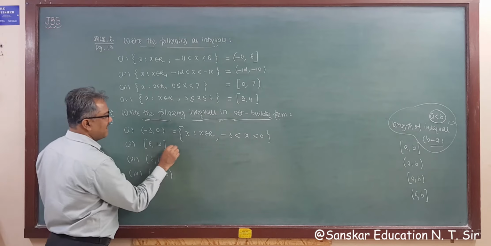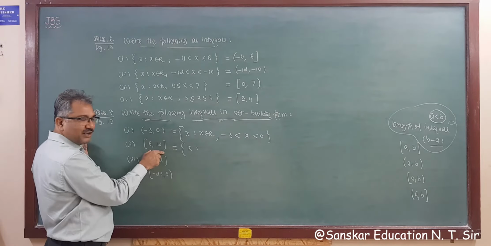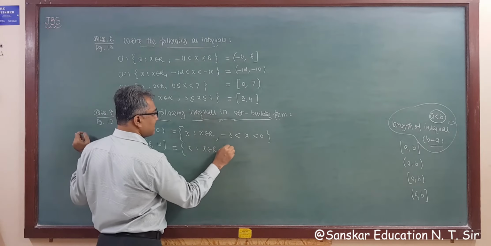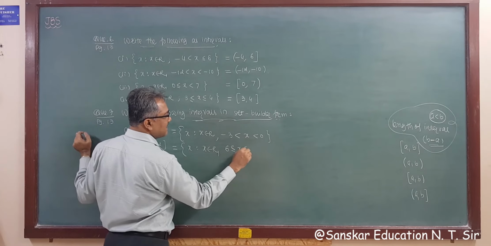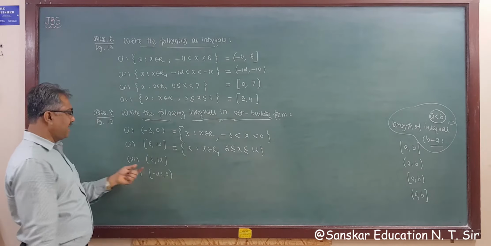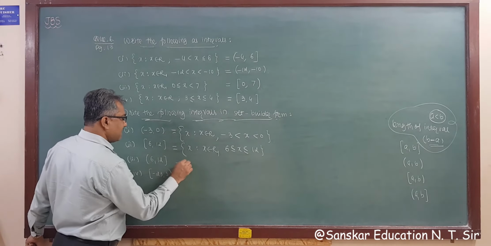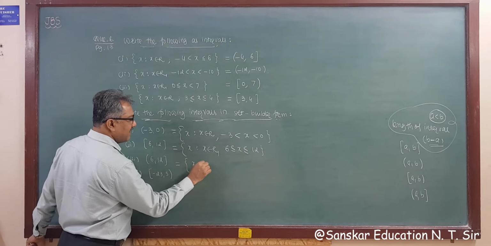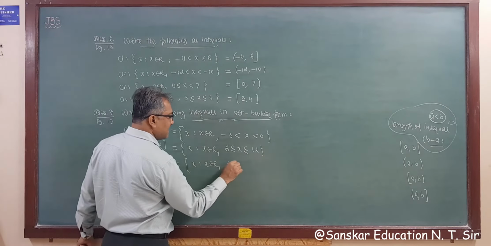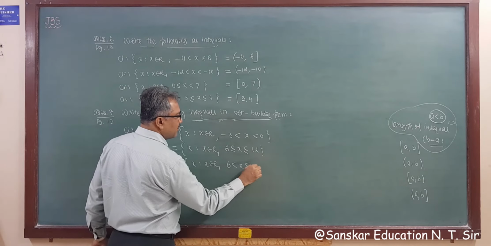Now [6, 12] means it is a closed interval, both 6 and 12 are included, so x belongs to R, 6 less or equal to x less or equal to 12. This is your answer. Then open interval 6, closed interval 12, that is x where x belongs to R: 6 is not included, so 6 less than x, but 12 is included, so less or equal to 12.